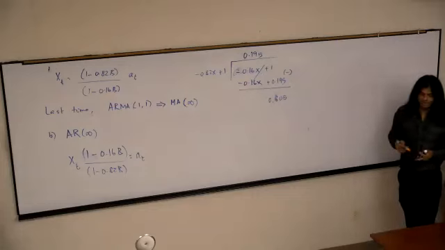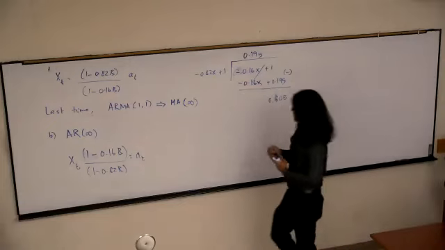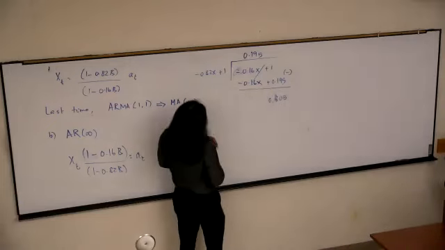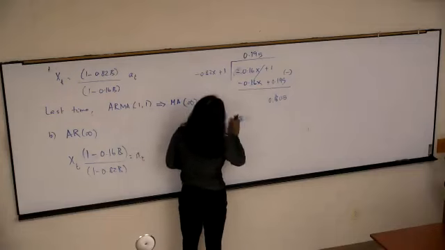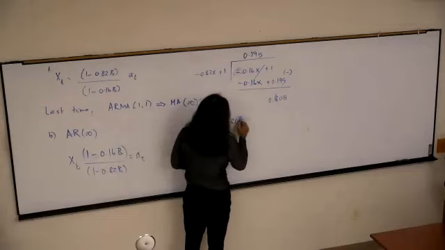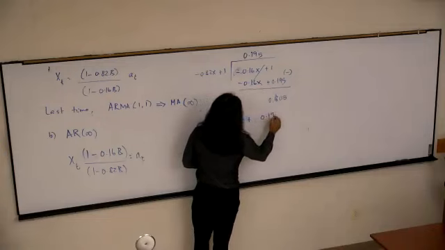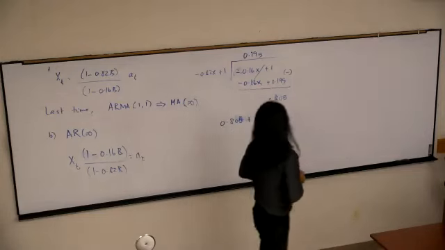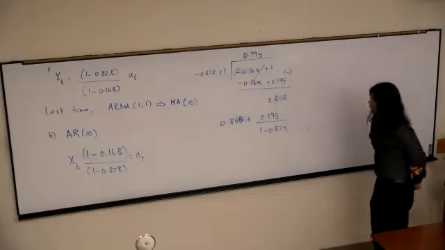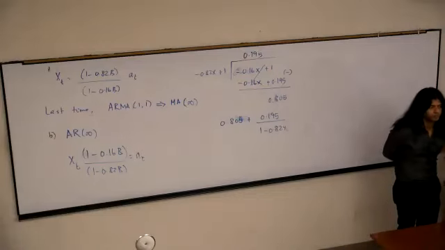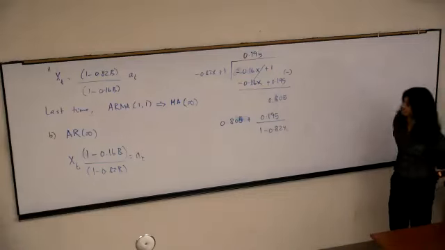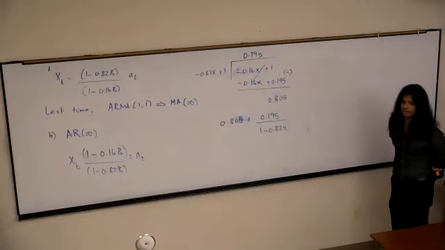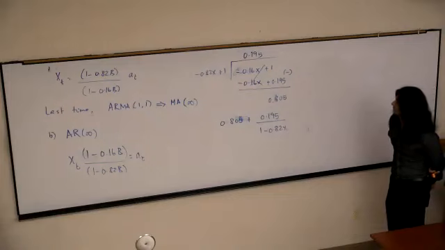Then we could write it using the standard long division way. What did I put there? 0.05.